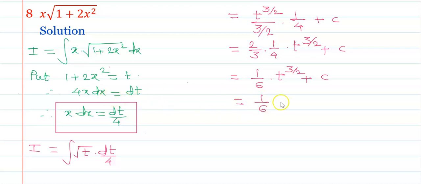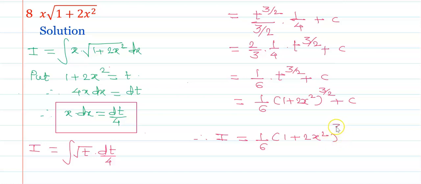What is t? It is 1 plus 2x square, in bracket raised to 3 by 2 plus c, and hence I is equal to 1 upon 6 into (1 plus 2x square) raised to 3 by 2 plus c.